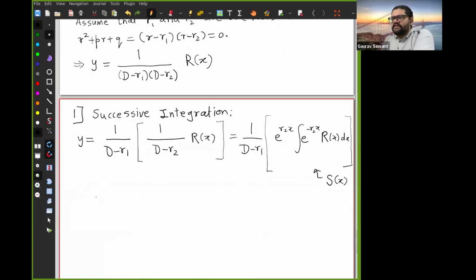And this will then become e power r1x integral e power minus r1x S(x) dx.